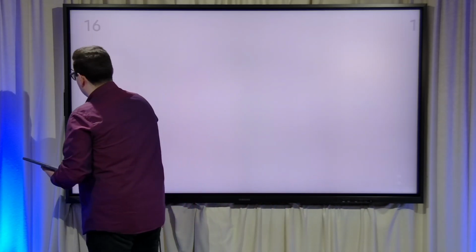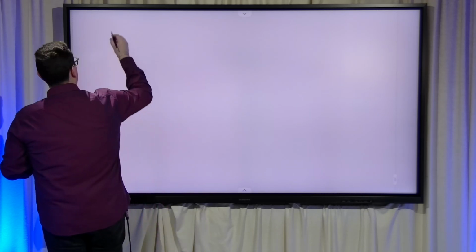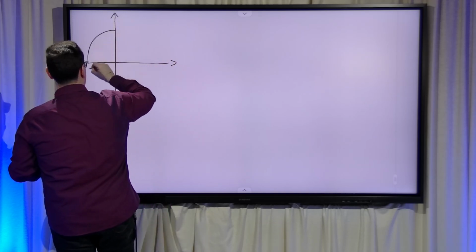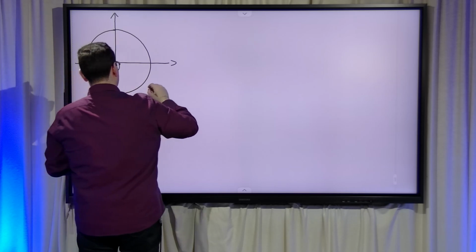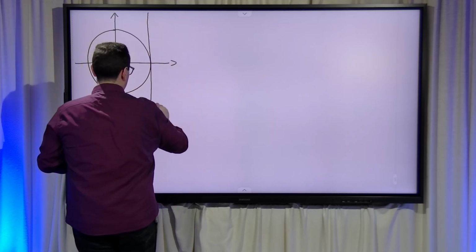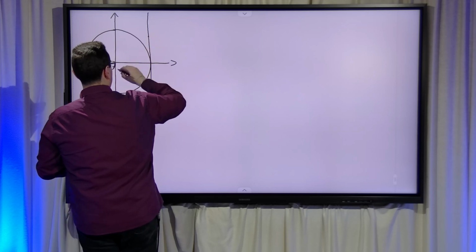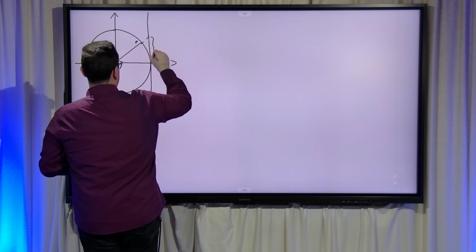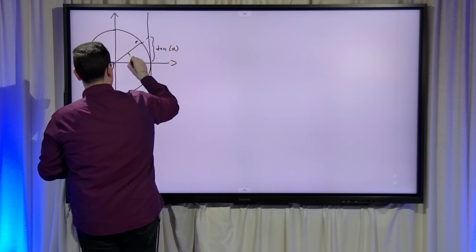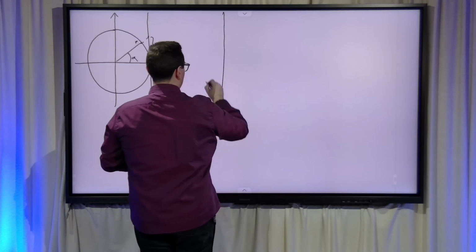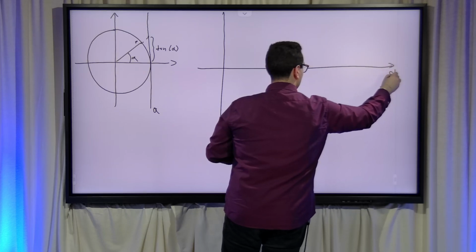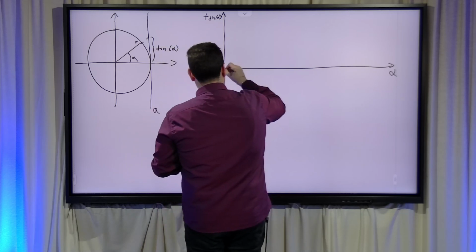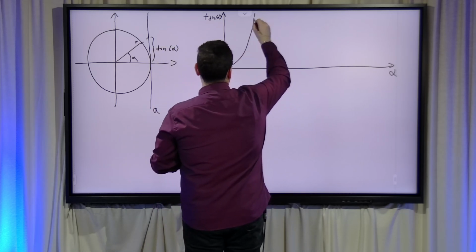Let's do the same for the tangent and the cotangent. So let's draw again the unit circle. I'm drawing the line A, and the generic point P. This is the tangent of alpha. The function tangent is something like this one.